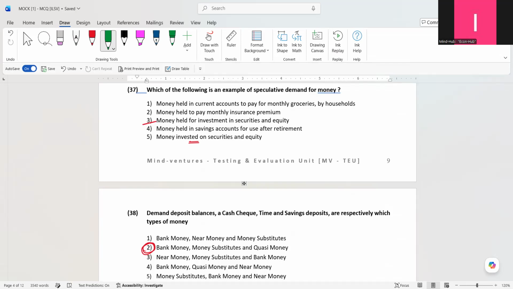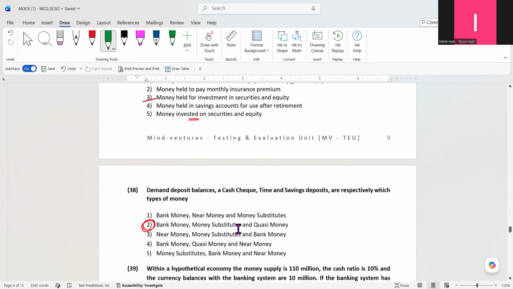Planned expenditure is transaction demand, unplanned expenditure is precautionary demand, and future investments, not invested but hoping to invest, that is called speculative. Get it? Right. 37. Answer number 3.